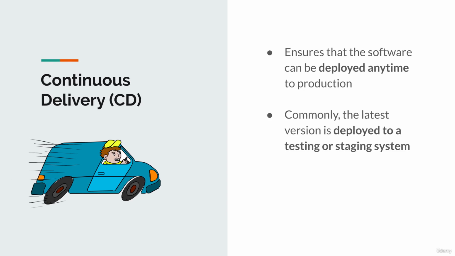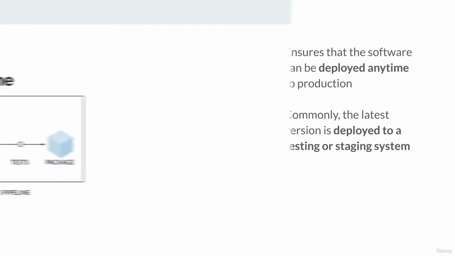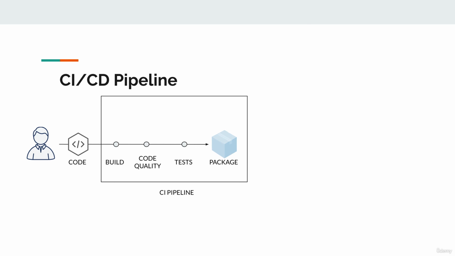Continuous delivery comes after continuous integration. And usually you cannot do continuous delivery without doing continuous integration first. The idea behind continuous delivery is that in the previous step, you have created a package or something that you can deliver to production.